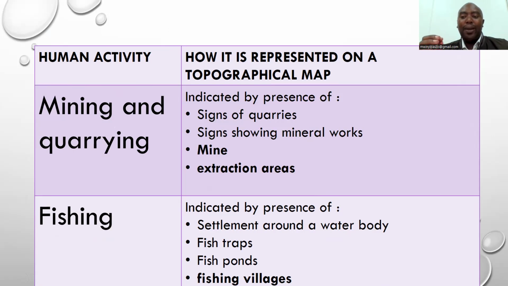Allow me to remind you, my dear learner, that the mere presence of a water body, let's say a lake or a river, does not necessarily mean that there is fishing. For you to say there is fishing, we must see fish traps, fish ponds, maybe fishing villages, and also people having settled around the water body.